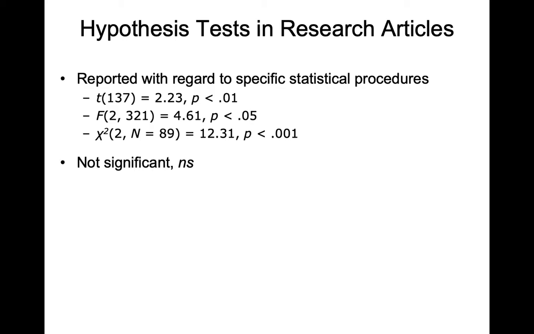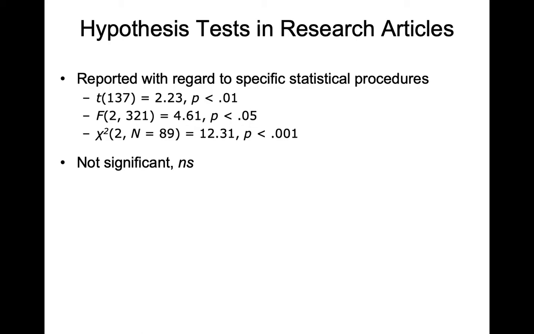Alternatively, if what they write is the test result, comma, ns, they're saying the result was not significant. That is, there was not sufficient evidence to reject the null hypothesis.